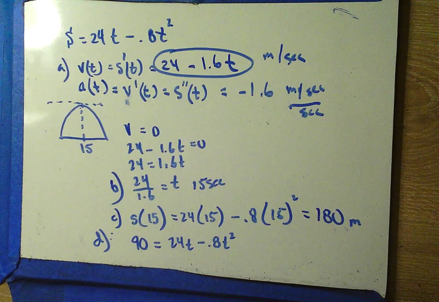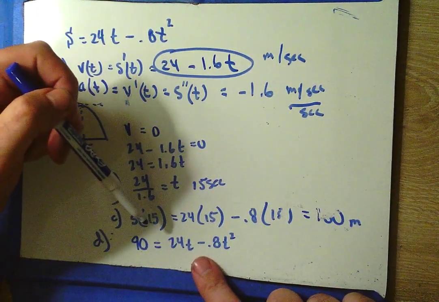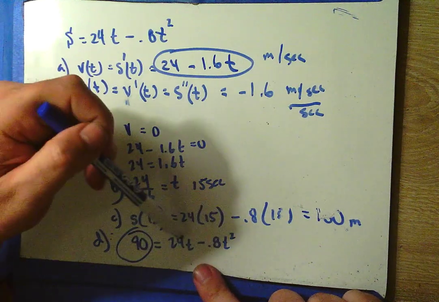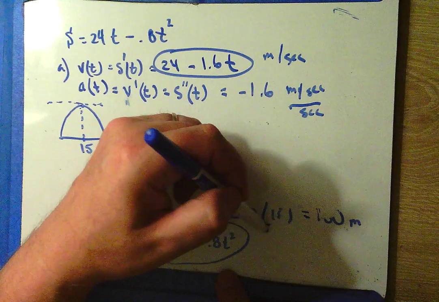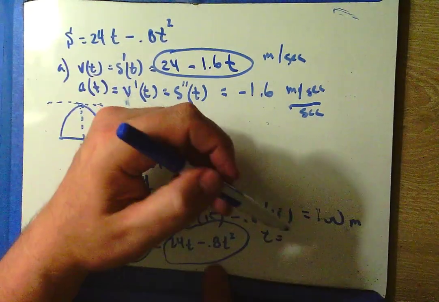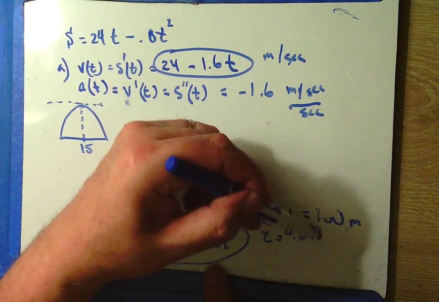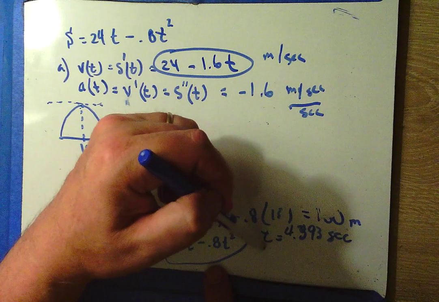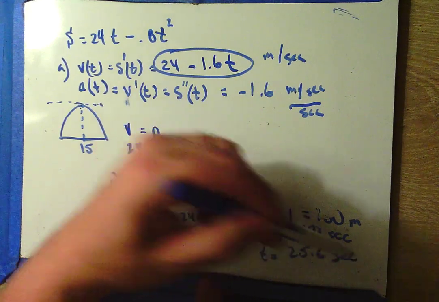Well, I'm not going to be solving this by hand, and you're welcome to use the quadratic formula. But I graphed this in y1, I graphed this in y2, and I found out that these will be equal to each other at time equal to 4.393 seconds and time equal to 25.6 seconds.